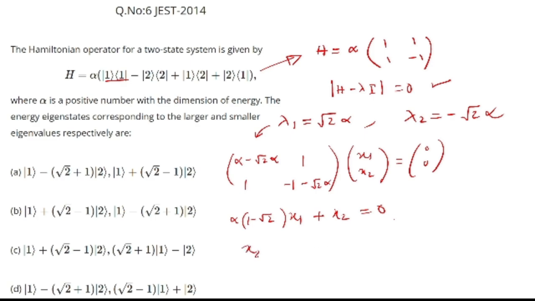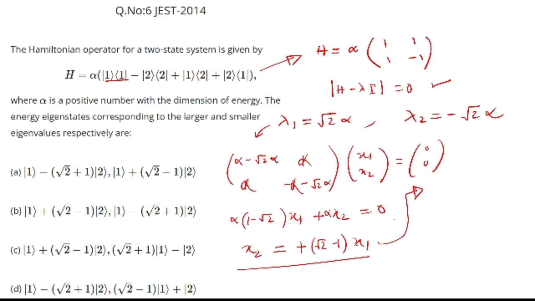That means x2 is nothing but, alpha cancels, root 2 minus 1 into x1. If we want to write this in matrix form we can, but we have to write it in terms of these state vectors.